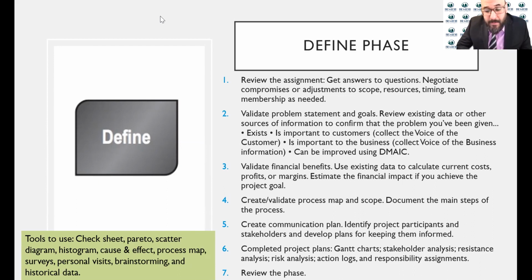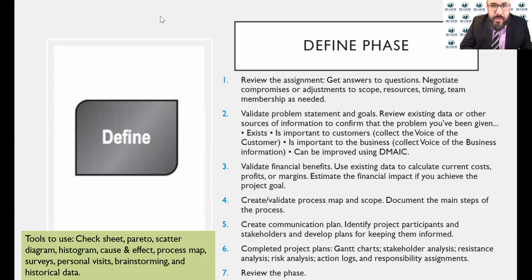And also as a team, you want to make sure that all your members are on the same page and you have a clear communication plan. And when is the due date? When do you have to start? The Gantt chart would be a great way to include all these, the Gantt chart, the stakeholder analysis, the risk analysis. If you could have that clear from the beginning, that would be great.